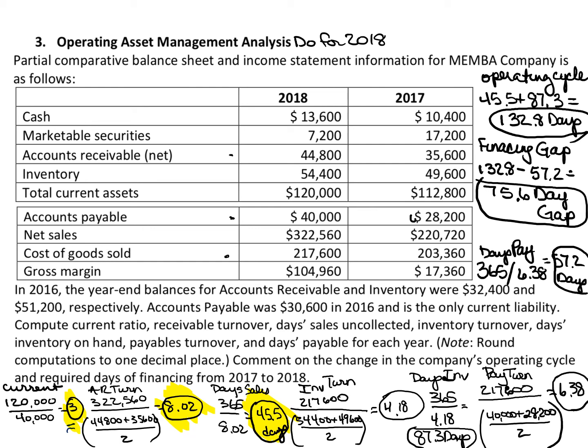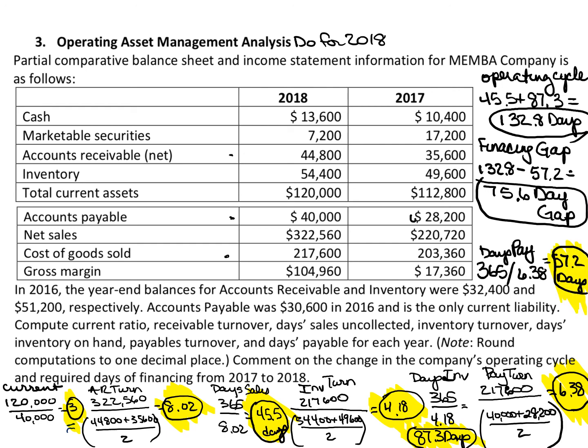Looking at inventory, inventory turns 4.18 times a year, or it's on the shelf 87.3 days. When I do my payable turnover, notice payables turn 6.38 times a year, or in terms of days, 57.2 days.